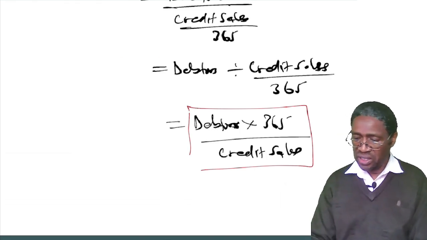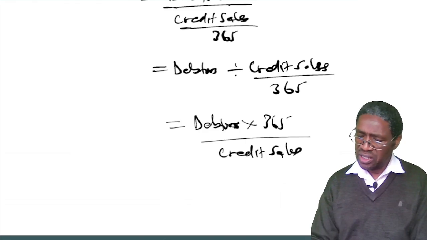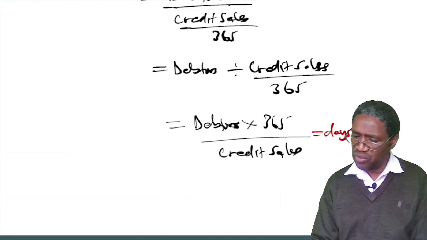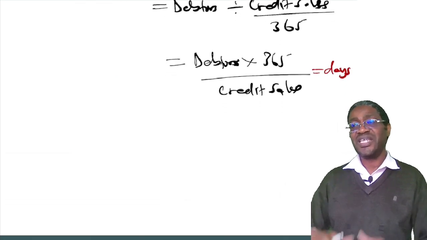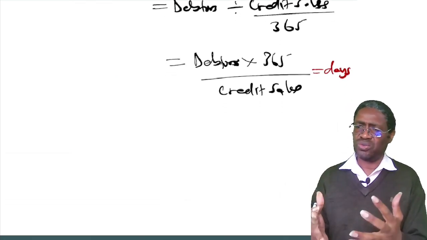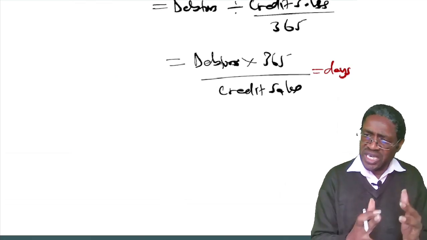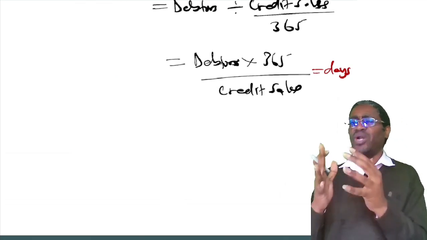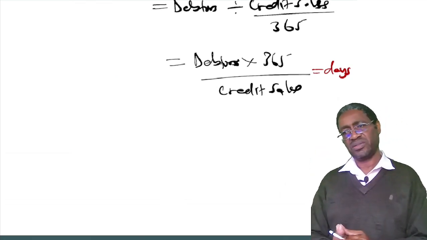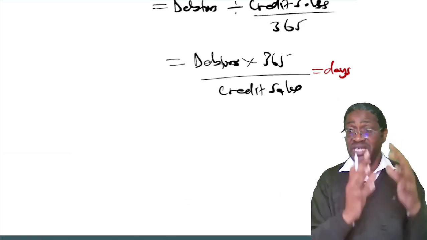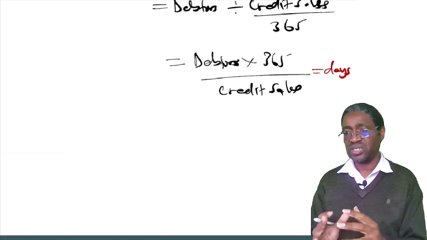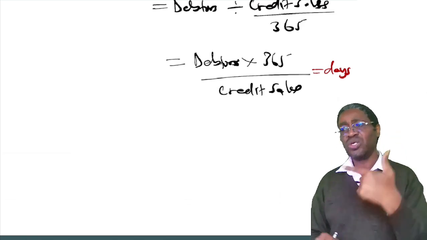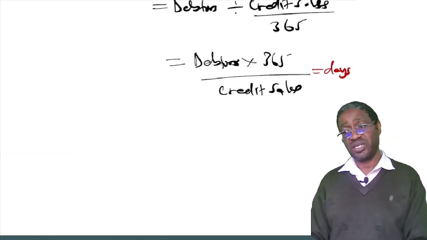Whatever answer you get should be expressed in terms of days. This ratio indicates how many days it takes you as a business, once you sell goods on credit, to collect your money from debtors.